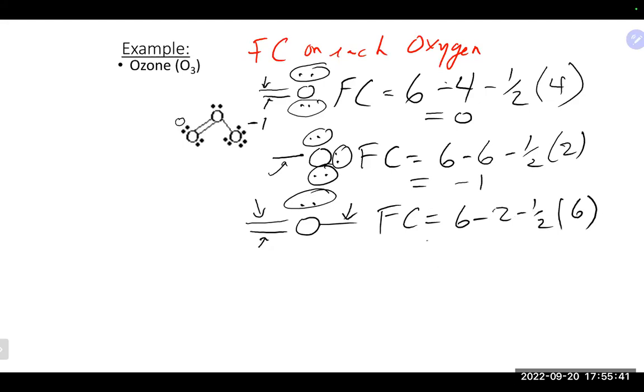So that is 4 minus 3, which is +1. So the oxygen in the center takes on a +1 formal charge. When we add up all the formal charges, we do end up with 0, so that's good. And that is the formal charge on each of these oxygens here.